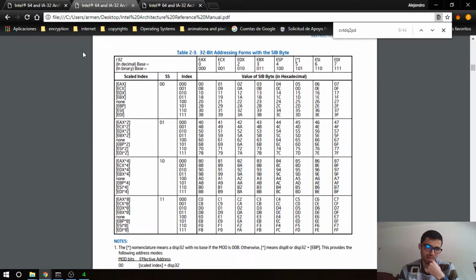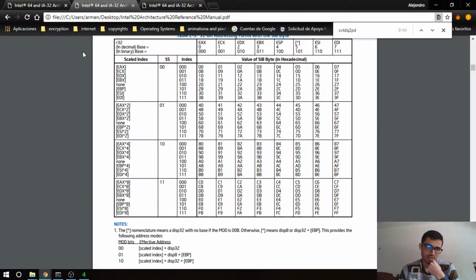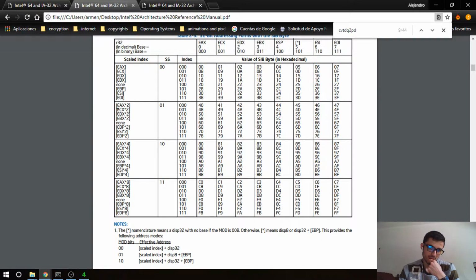And probably we have something more there, because the encodings of SIB also tell us the size, and the other parts as well, like the scale, index, displacement, EBP.